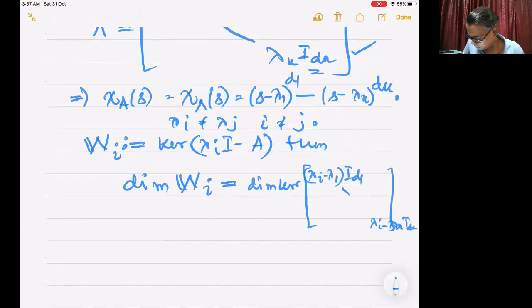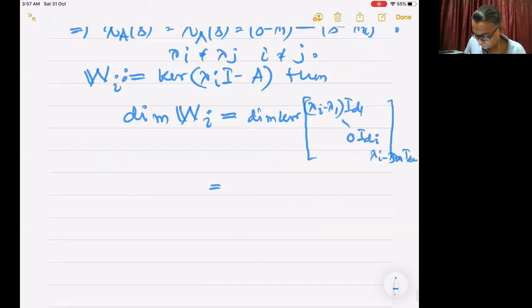In between there will be a 0 block of size IDi, which, from the rank-nullity theorem, gives the kernel dimension n minus the rank, which is n minus (n minus di). This is going to be di, right?